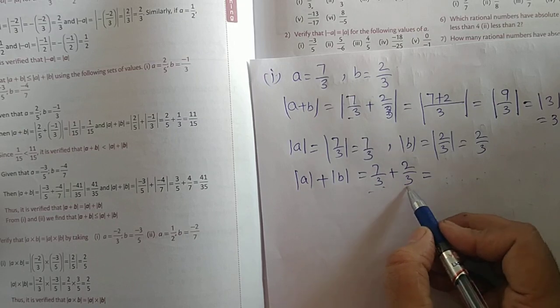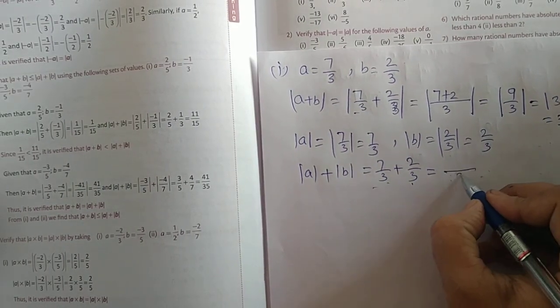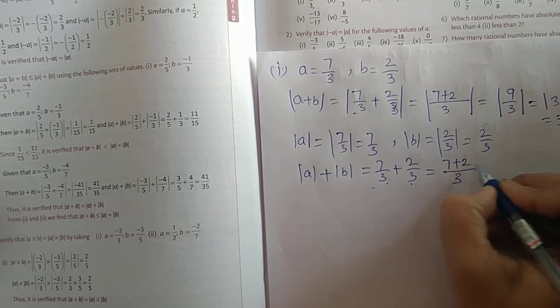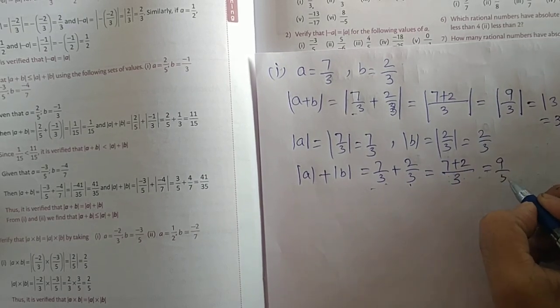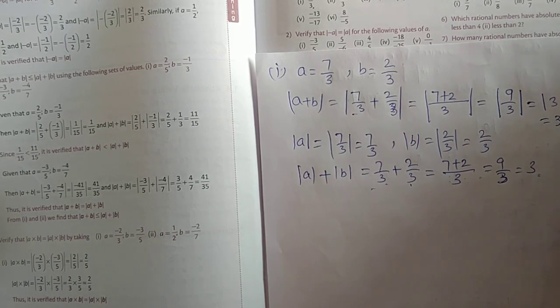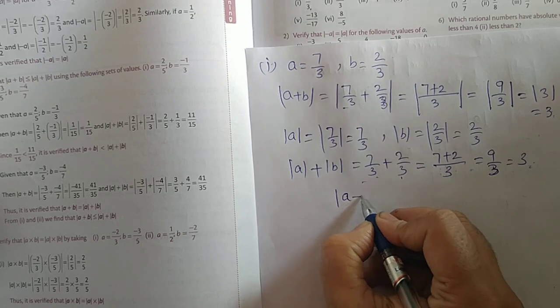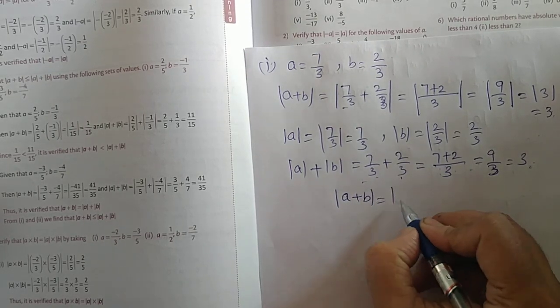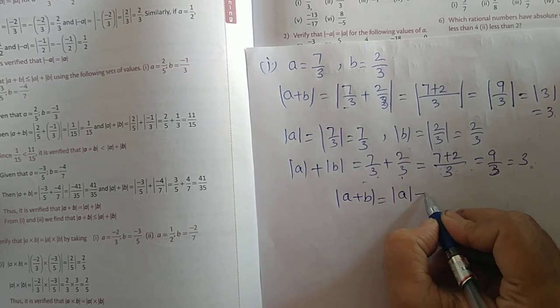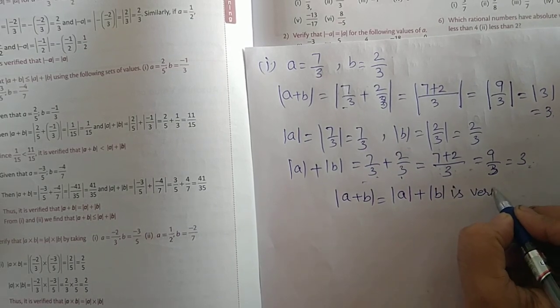LCM will be 3 because the denominators are the same in both rational numbers. So 7 plus 2, 9 upon 3 is equal to 3. Now these two answers are the same. It means mod of a plus b is equal to mod of a plus mod of b is verified.